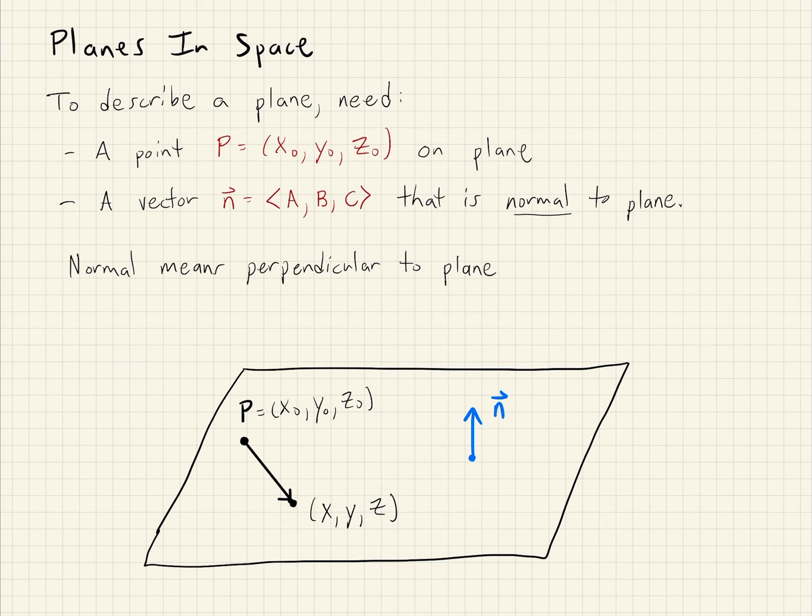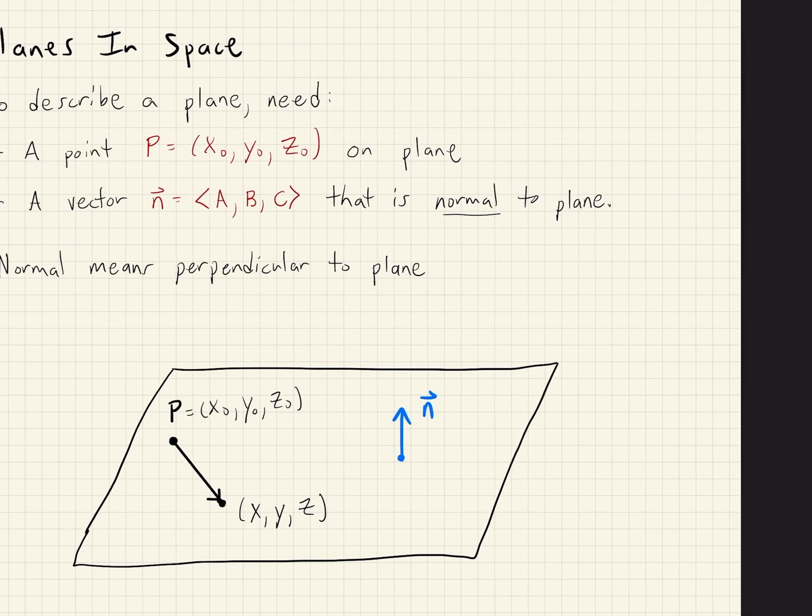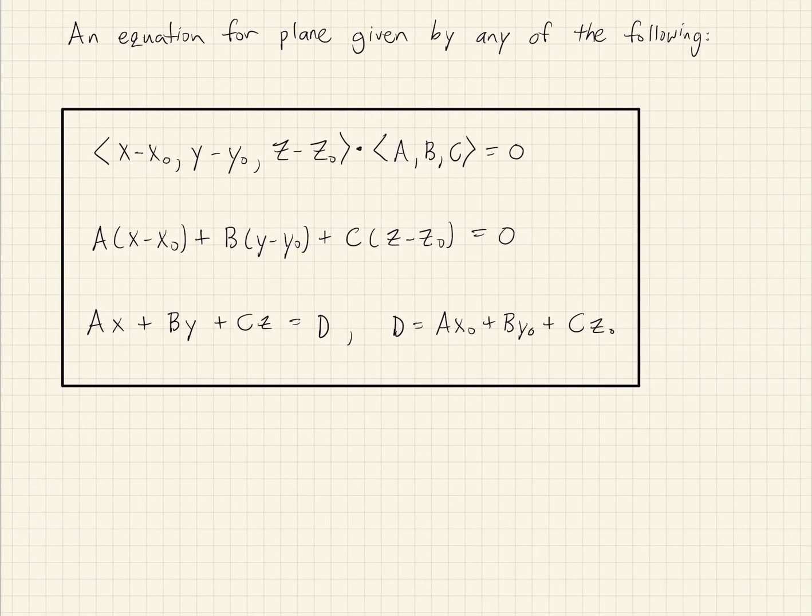A point is on this plane if and only if the vector that goes from P to that point is perpendicular to, orthogonal to, this normal vector n. Well, how do we check for perpendicularity? We check for it using the dot product. We already saw that in section 12.3. Two vectors are perpendicular if and only if their dot product is 0.